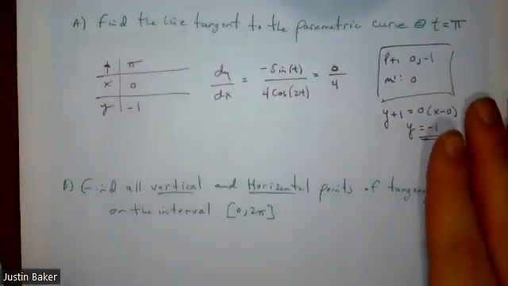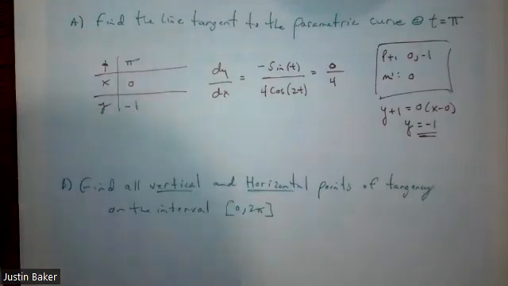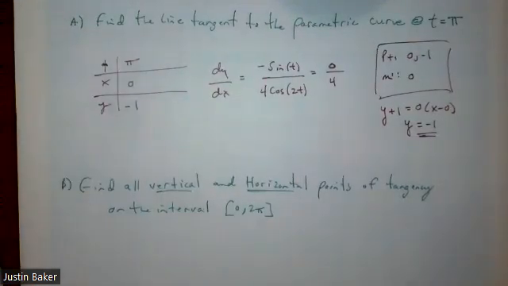All right, this one has a part B to it. So the next part says, find all the vertical and horizontal points of tangency on the interval 0 to 2 pi. So remember how we said a second ago how we were going to do that.